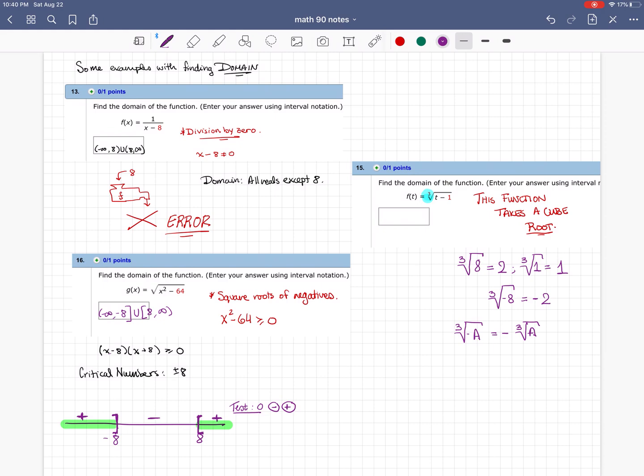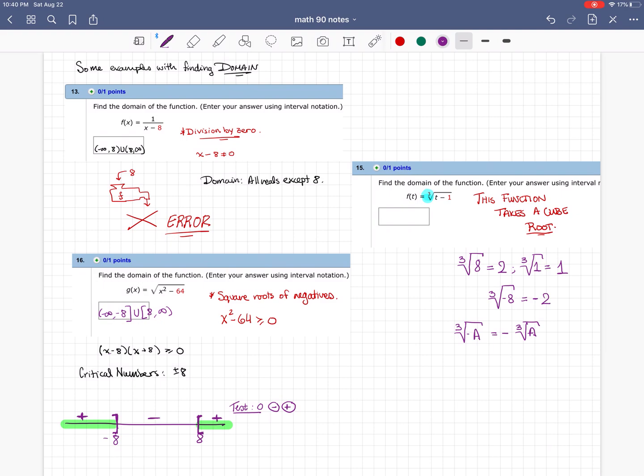If the index is odd, you couldn't care less. So you'll notice in your homework, there's a problem that I'm not doing here that actually has a 4th root. It's a function that takes a 4th root. I think it's something like the 4th root of x squared plus x. And that is another radical with an even index. So again, you need to be careful about negatives.